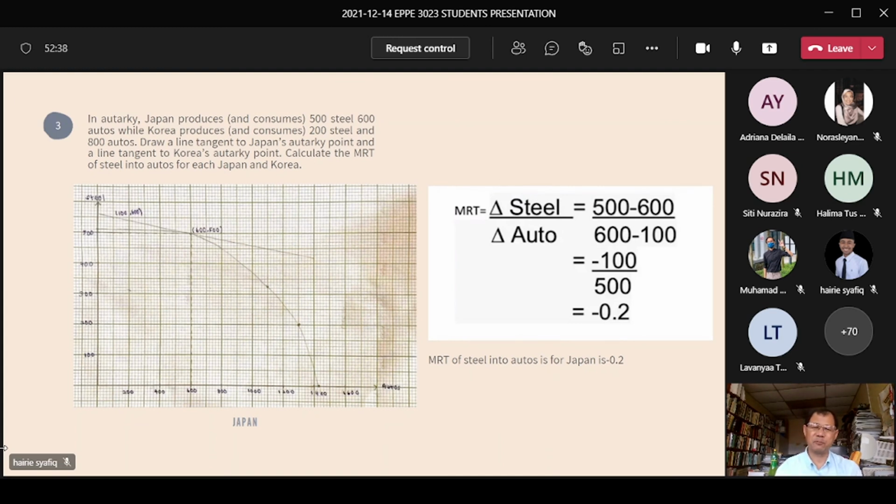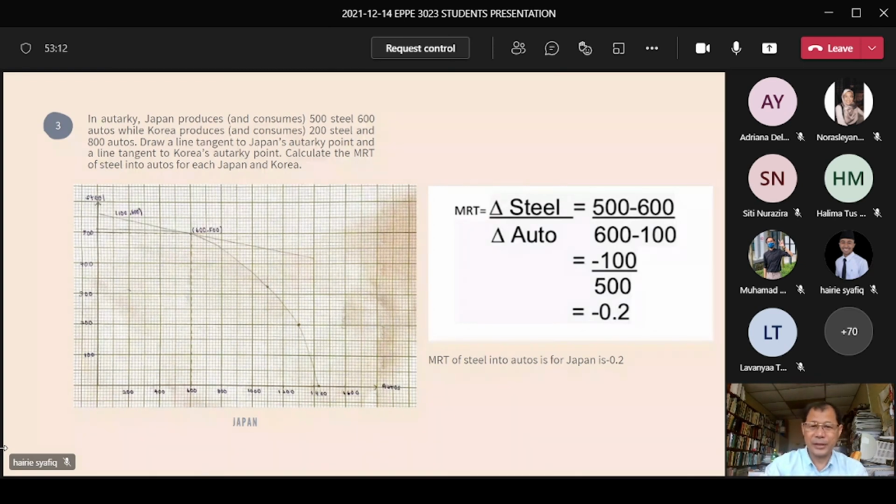So when we write MRT, minus 0.2, y, or in this case, steel, you have to write minus 0.2 steel. You have to add it back. For example, MRT is change in y over change in x. Let me repeat, I misspoke.